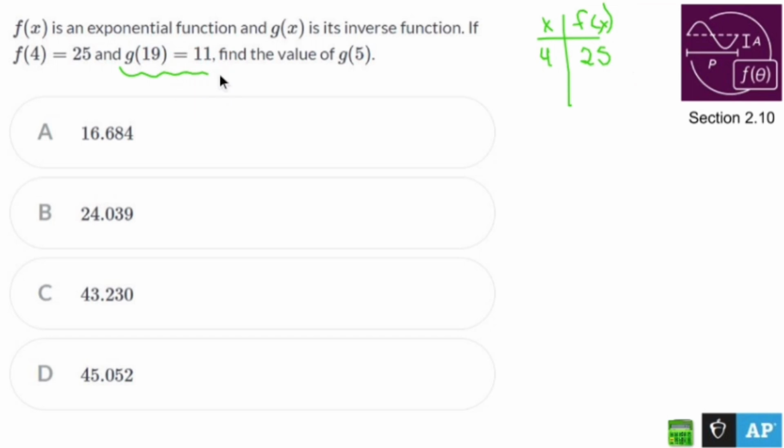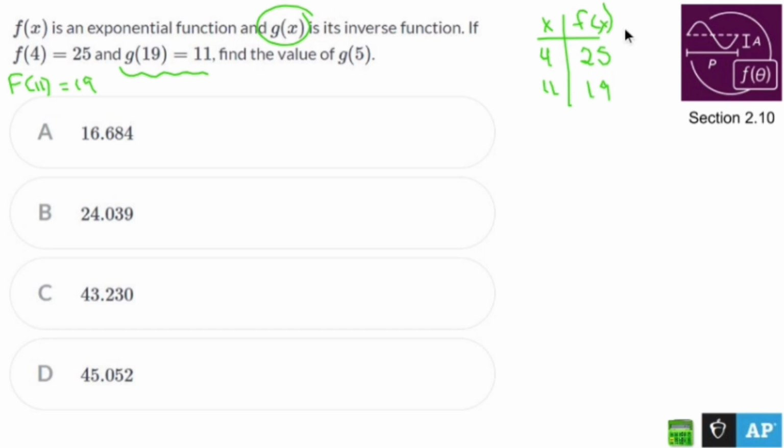Remember with the inverse, whatever point you get, you swap them, which means if g(19) equals 11, that means f(11) equals 19. Now, f(x) is exponential, which means g(x), its inverse, is logarithmic.